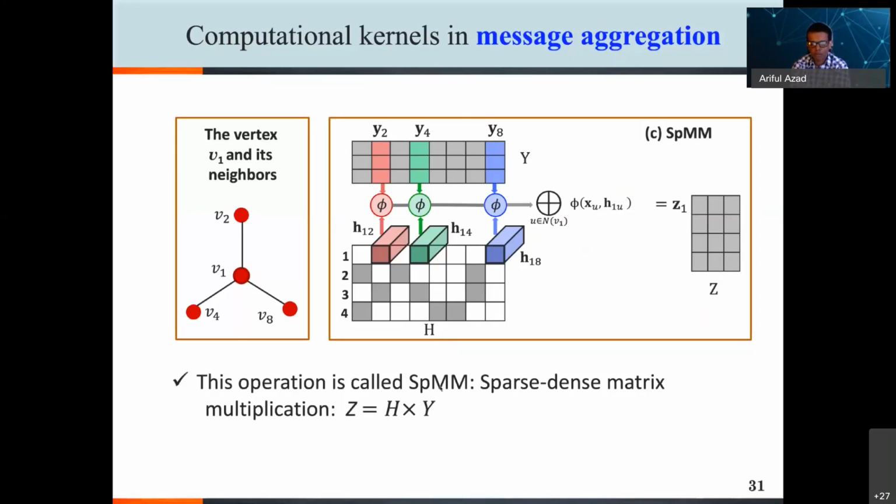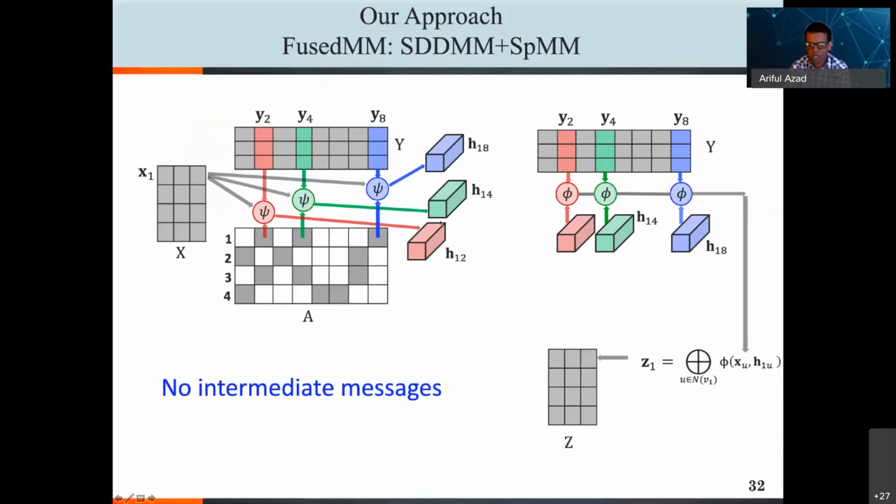Then we also observed that if we generate messages and then immediately aggregate them, we don't need two separate operations. Instead, whenever we generate those messages, we can aggregate them immediately. Based on this observation, we developed a new kernel called FusedMM, which is nothing but a fusion of SDDMM and SpMM.